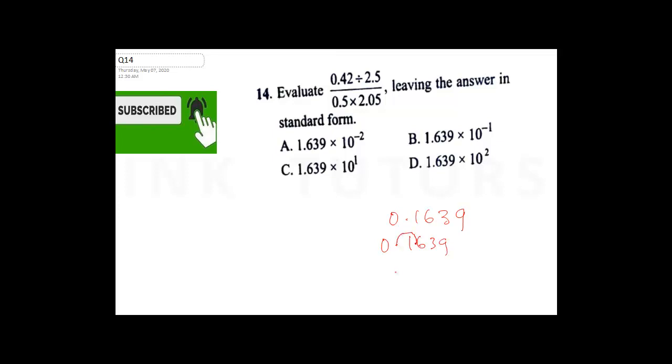So this would be 1.639 times 10 raised to power minus 1. Okay, so that's the final answer, and our correct answer here is going to be B. If you divide this by 10, you're going to get back 0.1639.